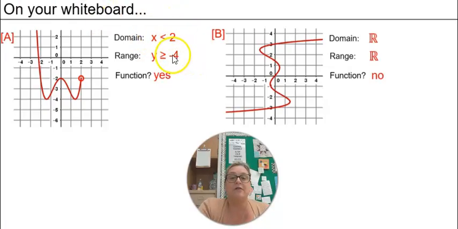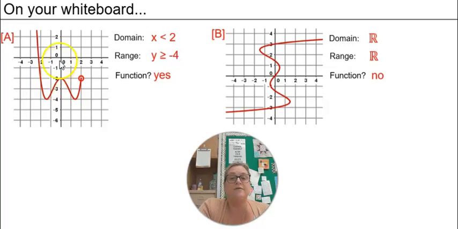The range, our lowest possible y value is down here at -4. That's inclusive because there is no open circle shown there. And we use an equals with our inequality to show that it's an inclusive endpoint. That lower bound is closed at -4.